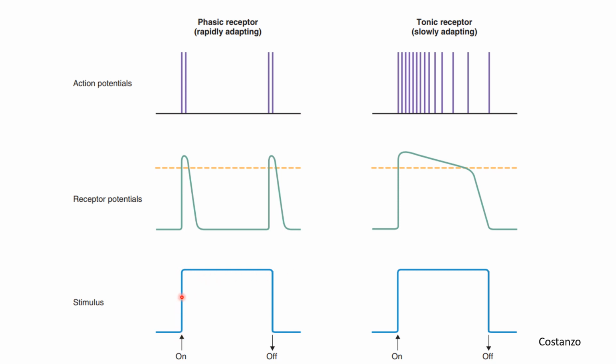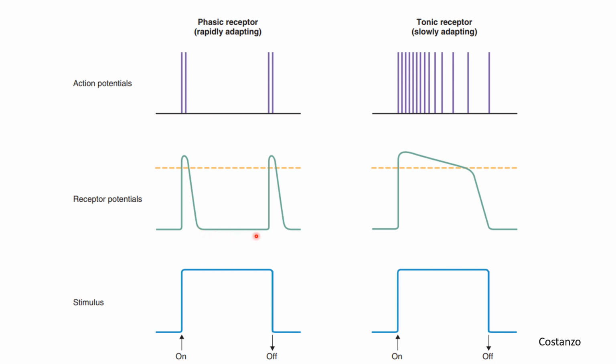When the stimulus is applied, there is a firing of receptor potential here, reaching a threshold. Then there is action potential reaching the central nervous system, telling that there is a stimulus. Although the stimulus is present here, there is rapid adaptation of this receptor.